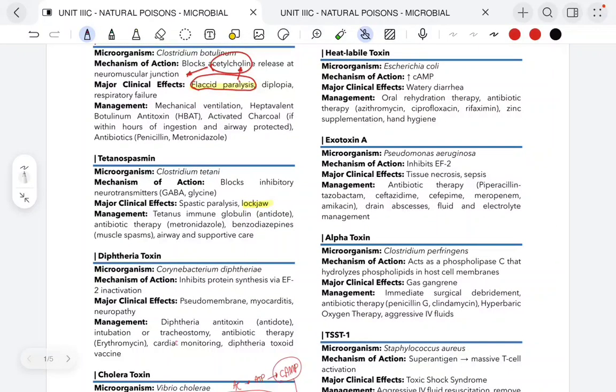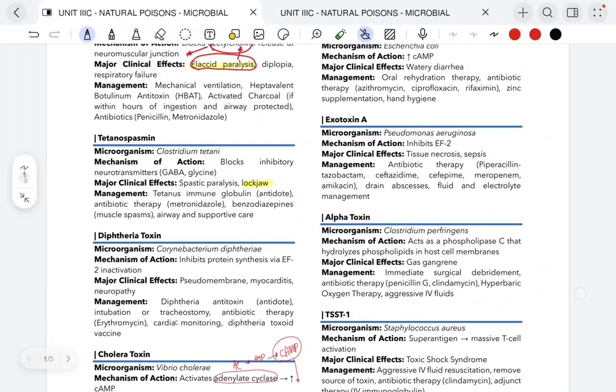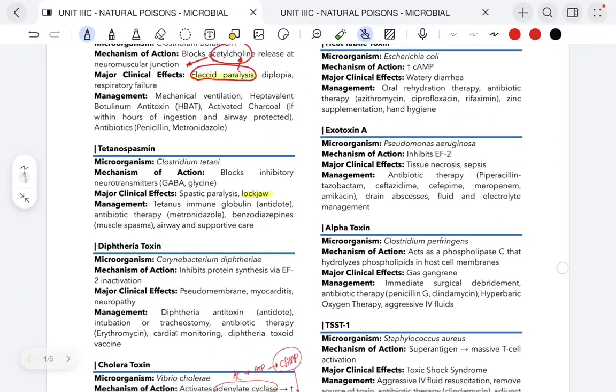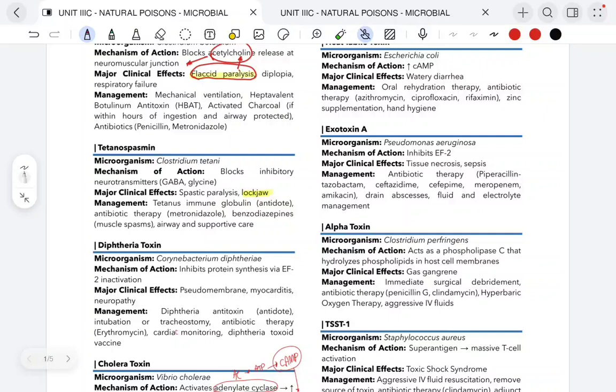So it is produced by your Escherichia coli. So just like your cholera toxin, the mechanism of action of our heat labile toxin is that it increases the concentration of your cyclic AMP by activating your adenylate cyclase enzyme. Therefore, it also increases the activity of your protein kinase A. So this will result in your watery diarrhea.